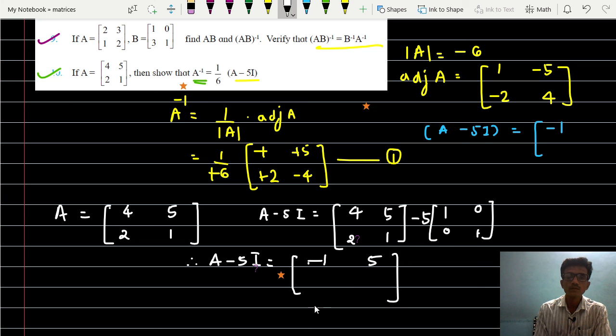Here 2 minus 0 it is 2, and this 1 minus 5, that gives us minus 4. This is A minus 5I.